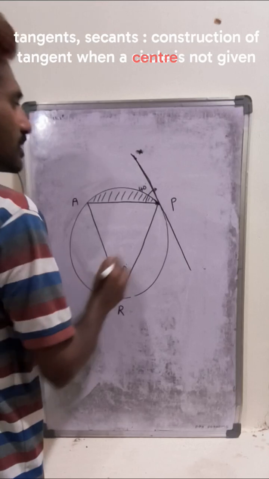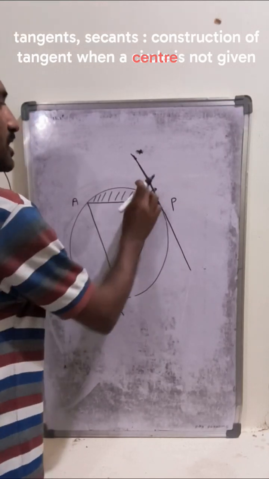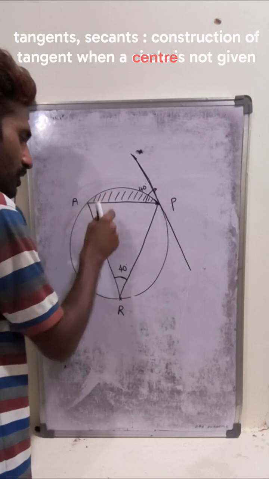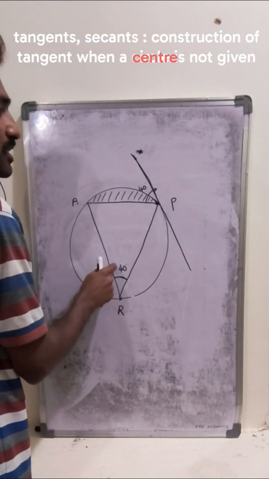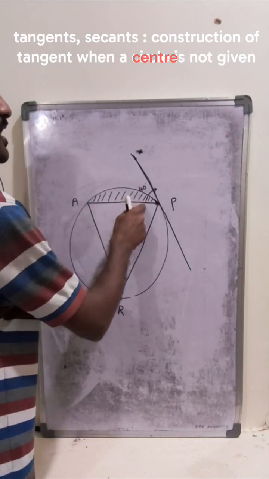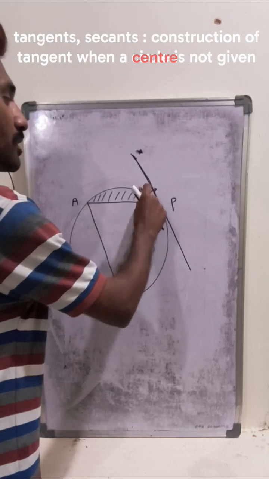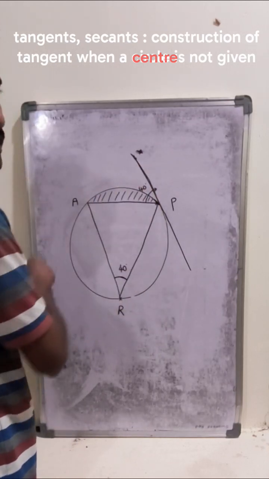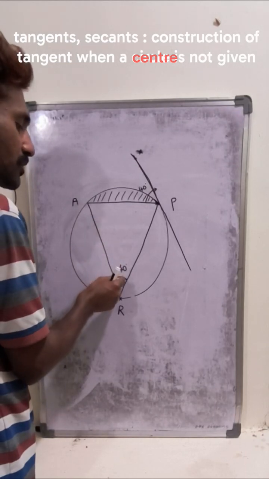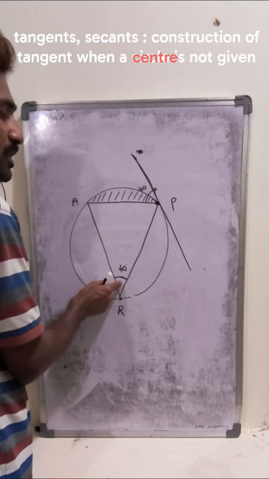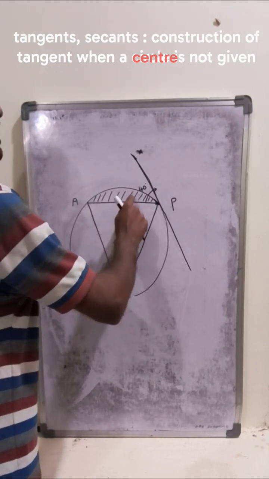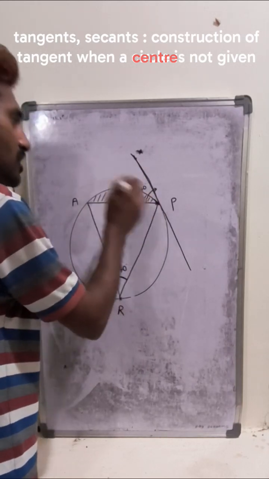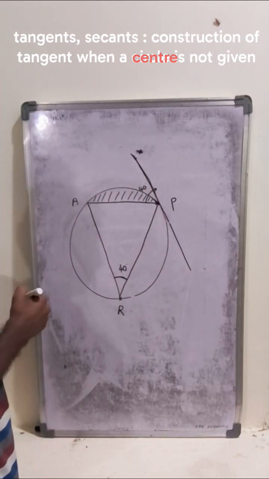Why? Because this angle and this angle are going to be equal. The angle which is formed in the alternate segment is equal to the angle which is formed between the chord and tangent at the point of contact.